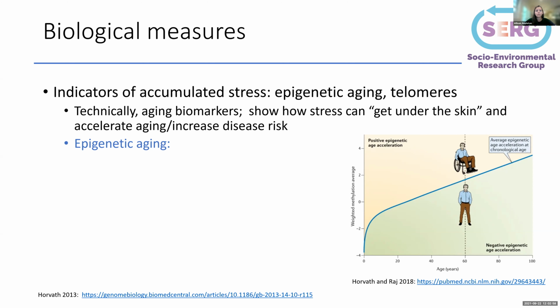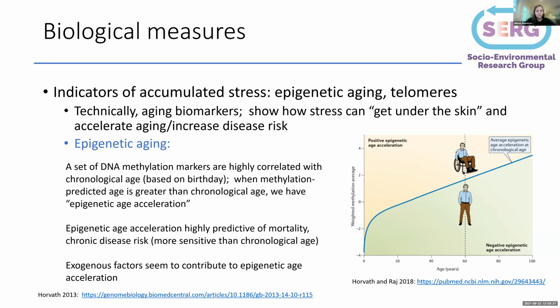This is a newer aging biomarker that people are getting excited about. And what people are actively studying is this measure, epigenetic aging, as another way we can show how stress can get under the skin and affect our health. Can stress increase epigenetic aging?